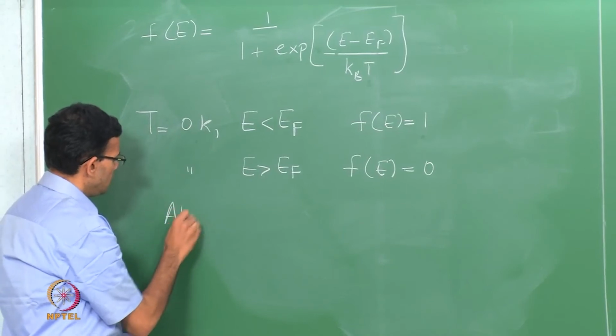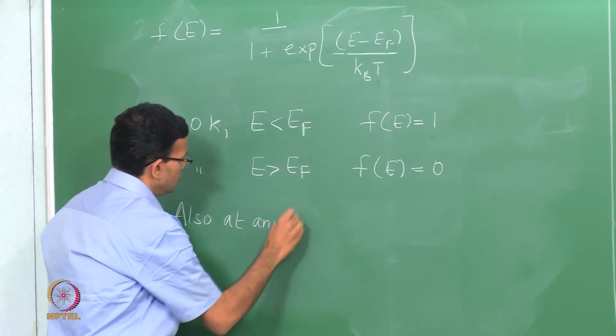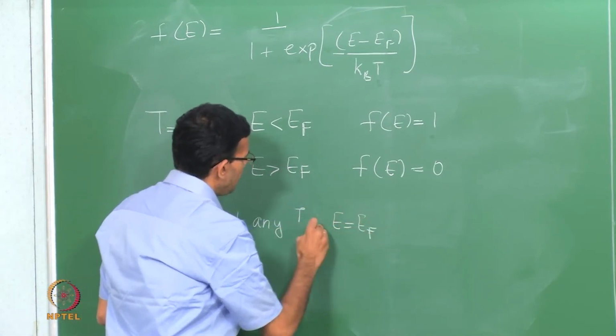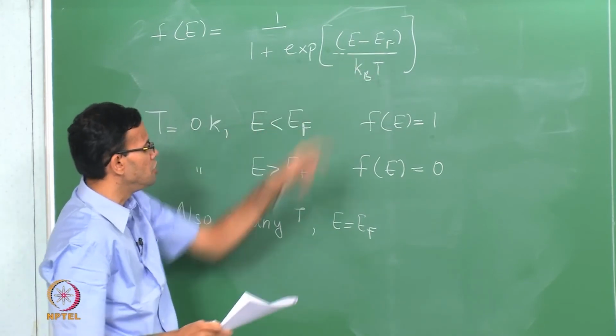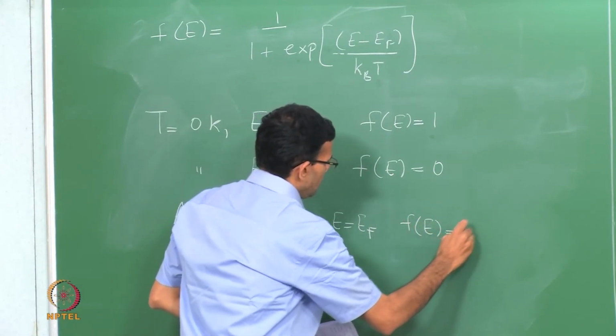Also, at any temperature, when E is equal to EF, so at the Fermi level E is equal to EF, this term is 0, and f of E is half.